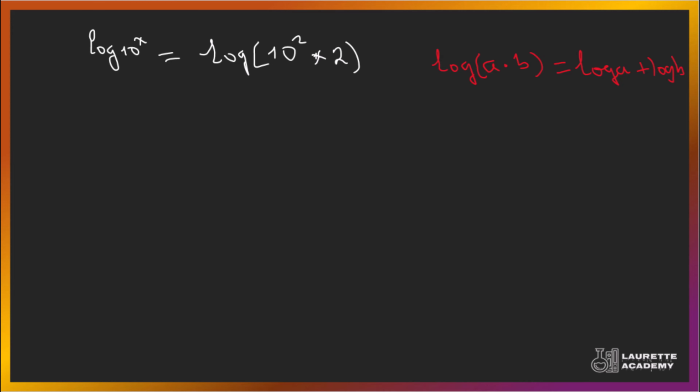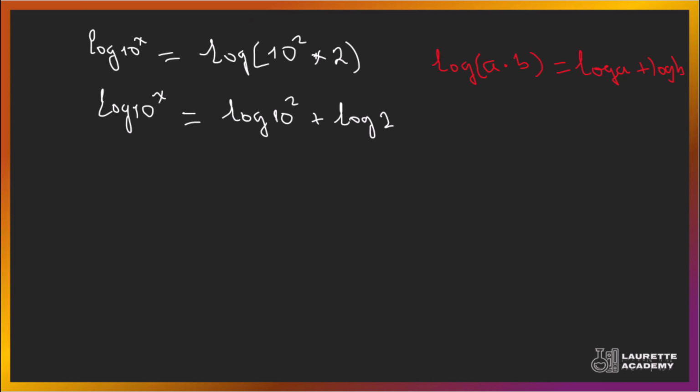So when we apply that to the right hand side of this equation, we have that log of 10 to the power x is equal to log of 10 squared plus log of 2.